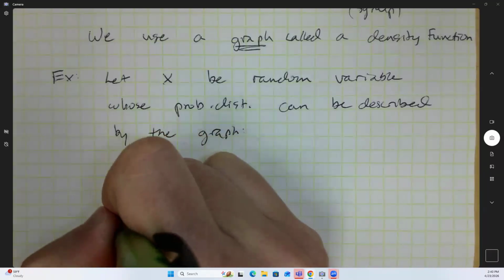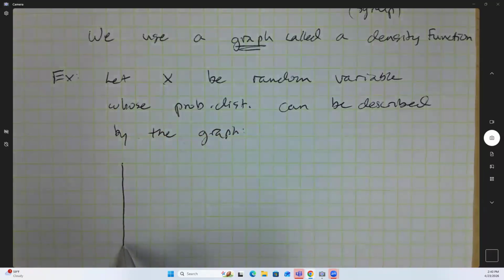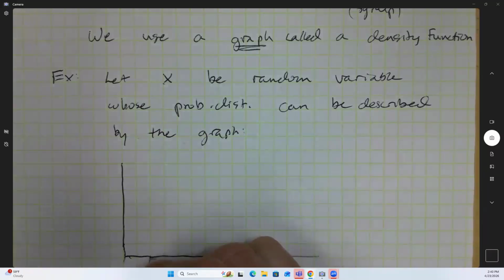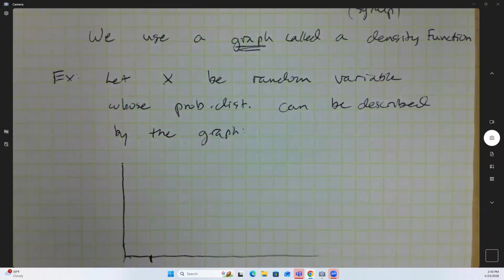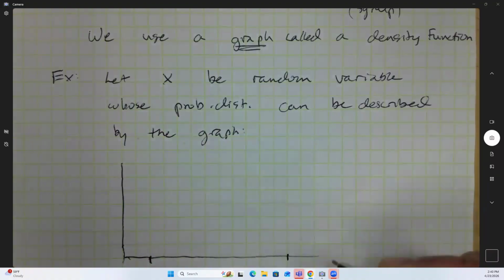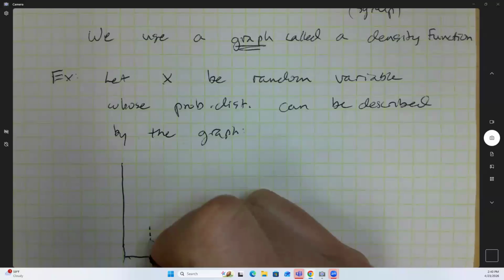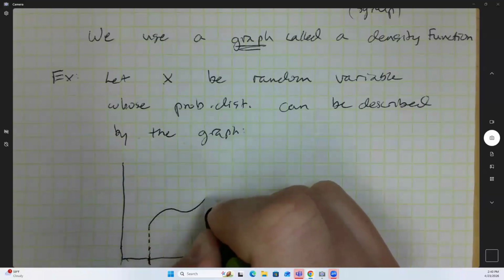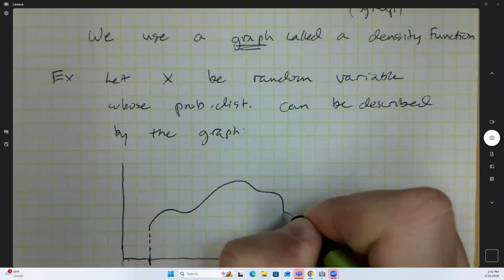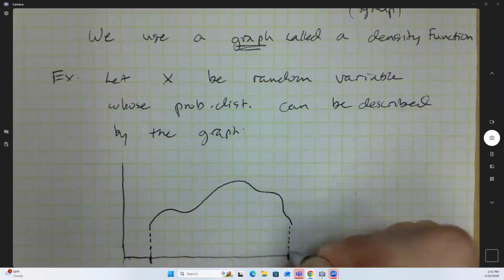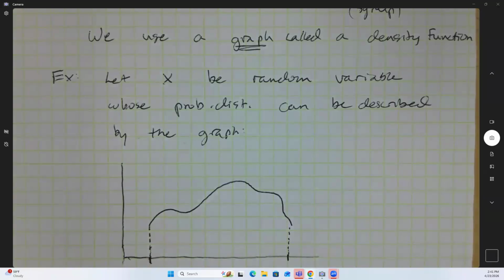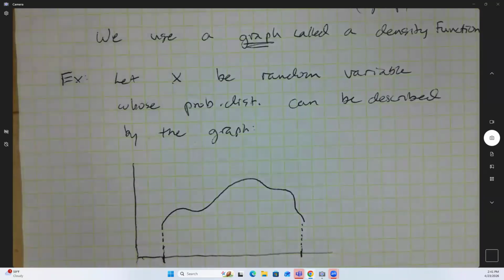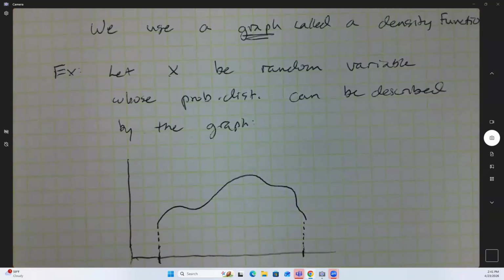I'm going to draw it first and then we'll start talking about it. It's like that. You can draw something like that. It doesn't have to be exactly that. Sorry, there's units on there.